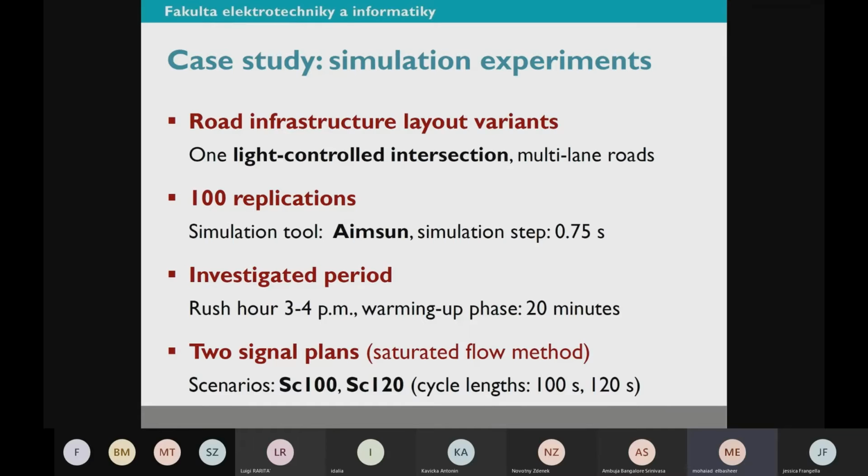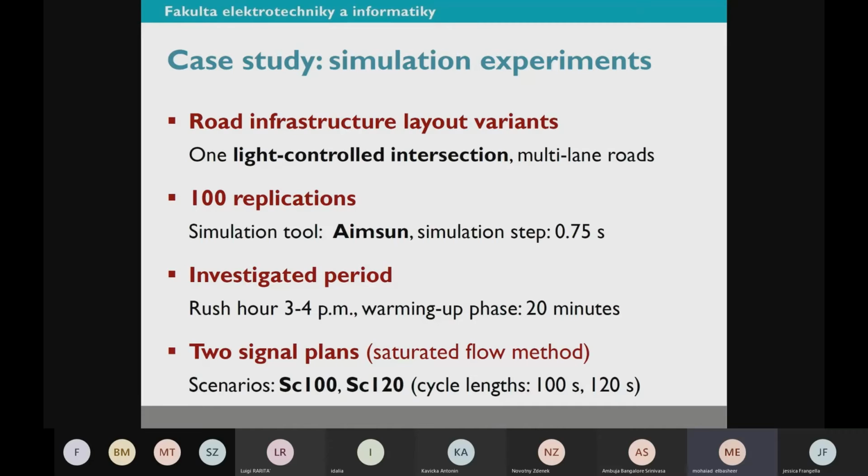So, applying road traffic simulations, I can say several words about the simulation experiments. The simulation experiments are connected with just one variant of road infrastructure, just presented before. They applied 100 replications for each scenario.